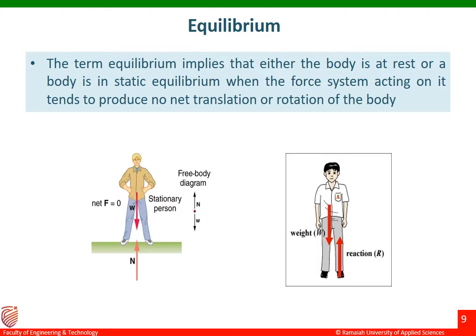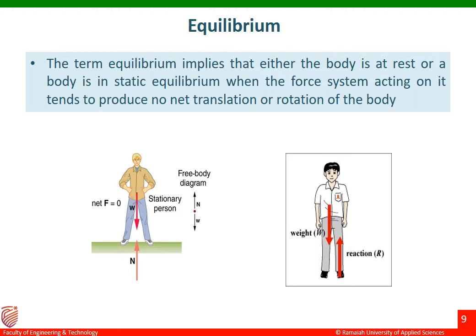I'll repeat it once again. The term equilibrium implies that either the body is at rest or the body is in static equilibrium when the force system acting on it tends to produce no net translation or rotation of the body.